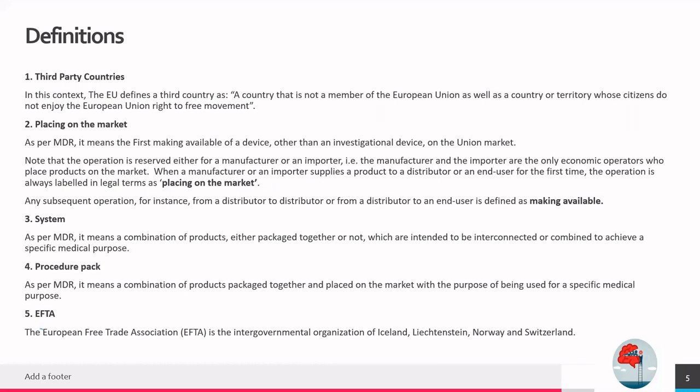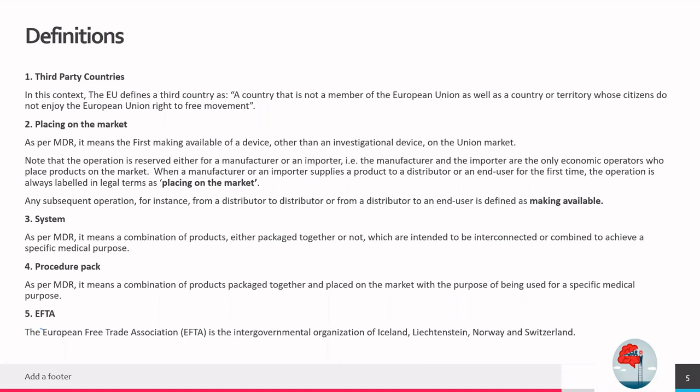Then comes system. We who are into regulatory of medical devices know it, but for freshers: a system is a group of devices which, when combined together, fulfil the intended purpose of those devices. That whole gathering is called a system. I am telling it in a raw manner.